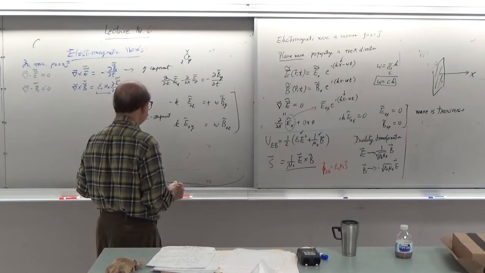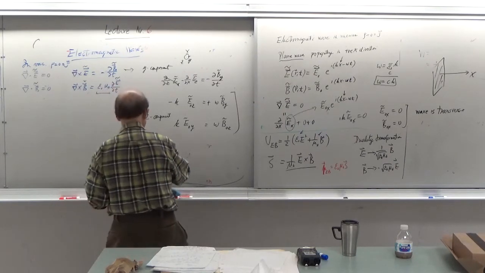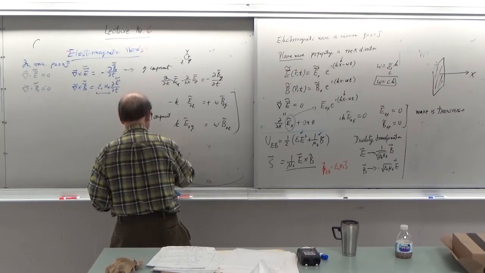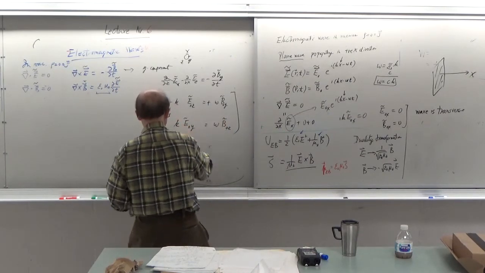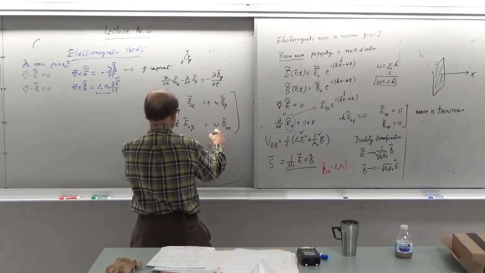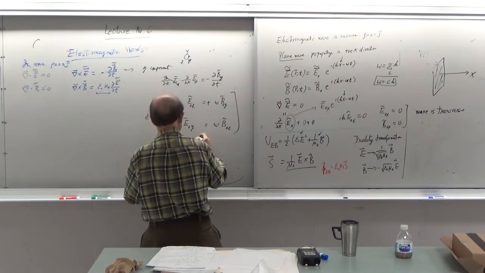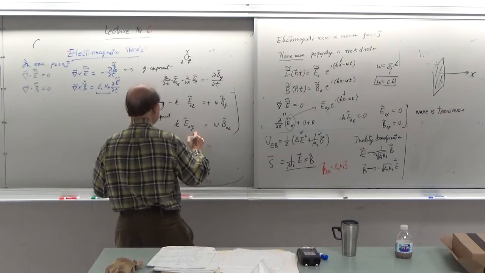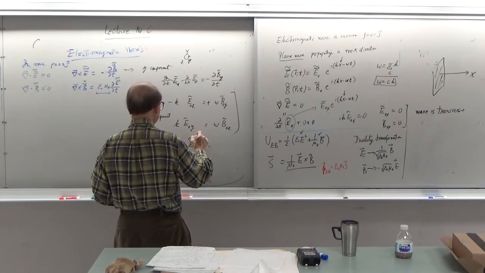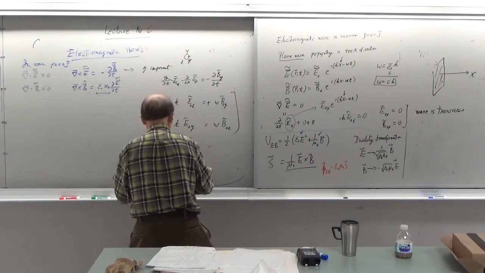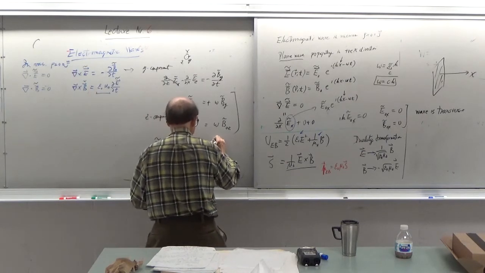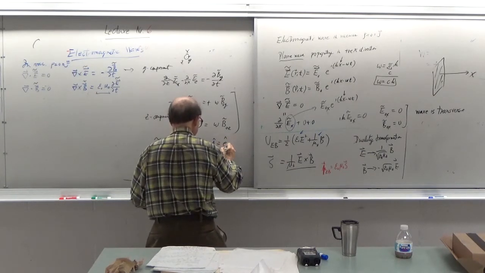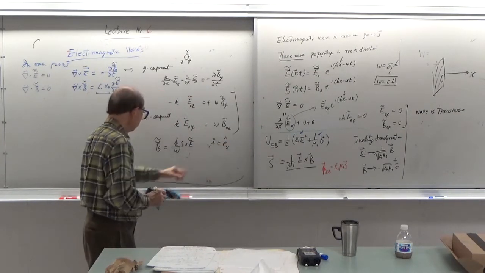Okay, so you can see that in fact B is related to E as k over omega times cos, i hat cross E. Here i hat is the unit vector along the x direction, the direction of propagation.